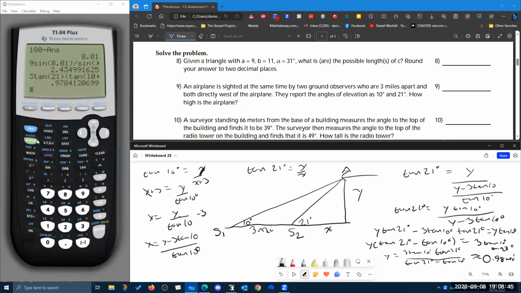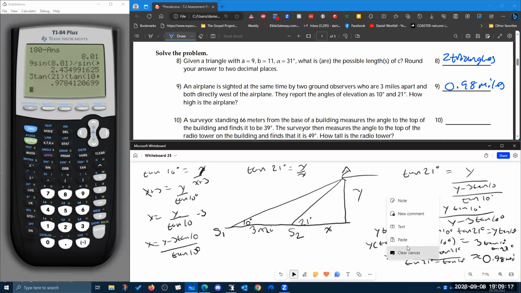That's several thousand feet above ground level, which is very normal for an airplane. They're not too close to the ground, they're not too high. So this was the two triangles that we solved for. This is 0.98 miles.